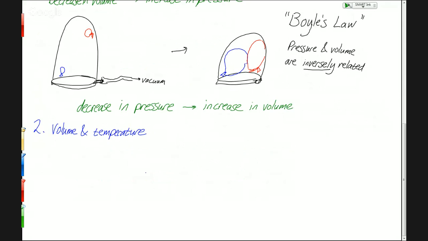We're going to cool down a balloon substantially with liquid nitrogen, so make it super, super cold, and you'll see an entirely full balloon completely collapse into almost nothing. And then as it warms up again, it'll go back to its normal size. So this is an example of a direct relationship, which is the opposite of an inverse relationship.